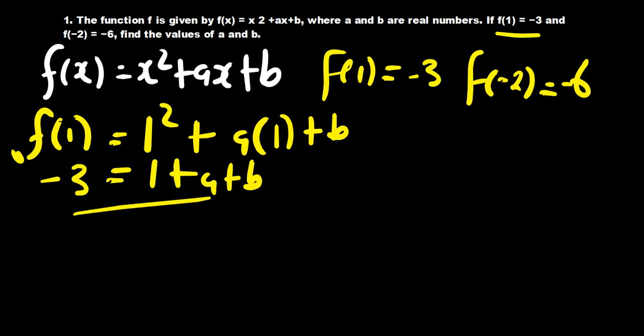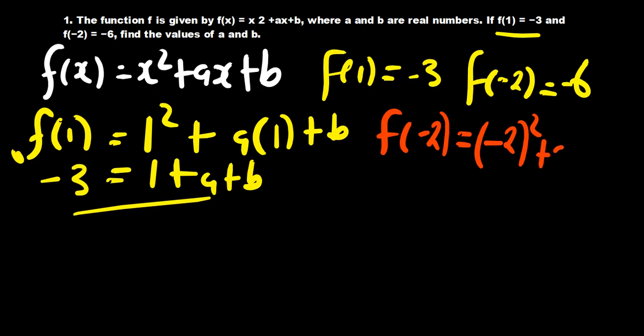Let's solve the other expression, f of negative 2. Wherever there is x, we'll be replacing it with negative 2, and this should give us negative 6. So it's negative 2 squared plus a times negative 2 plus b.